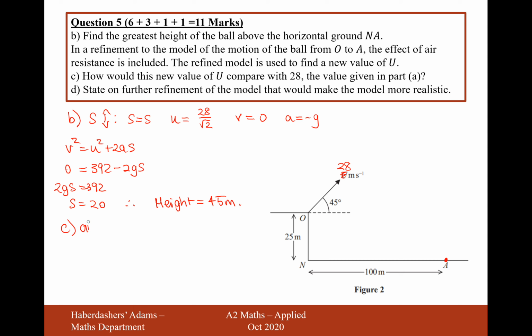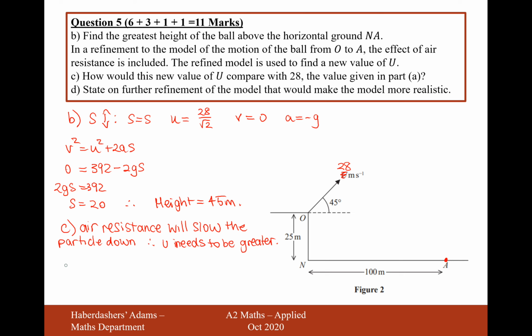So we might need to write an explanation here: air resistance will slow the particle down, so therefore u needs to be greater. So there we are, that's the answer to part C.